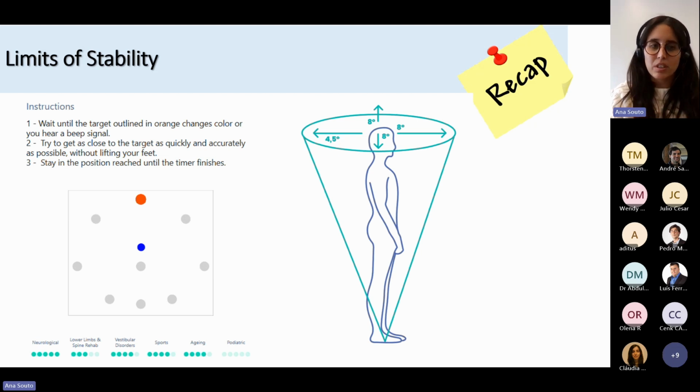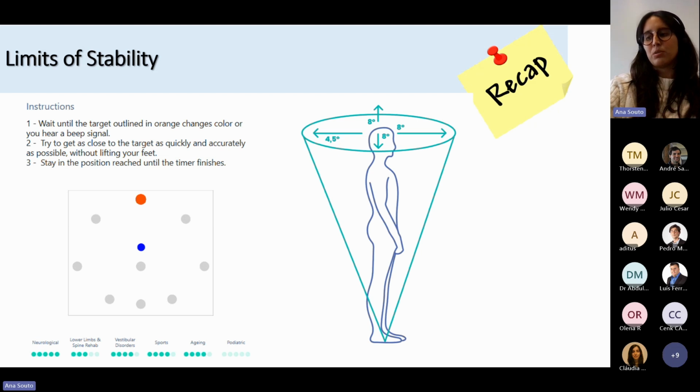It's not an easy protocol to do the first time. So what you can do is one training protocol just to teach the movement, because it's important to keep our body like a straight line, so the movement has to come from the ankles.